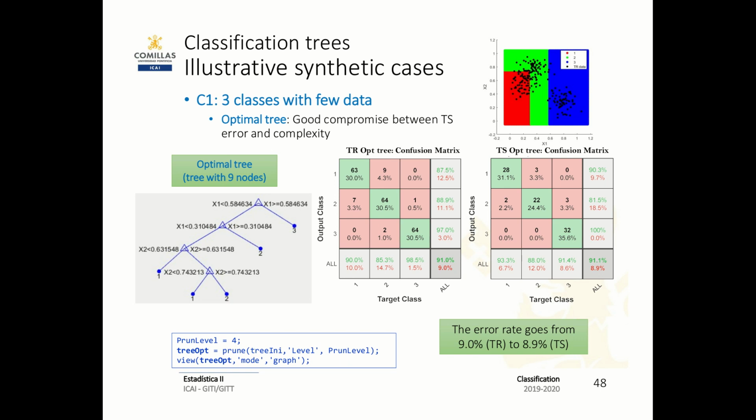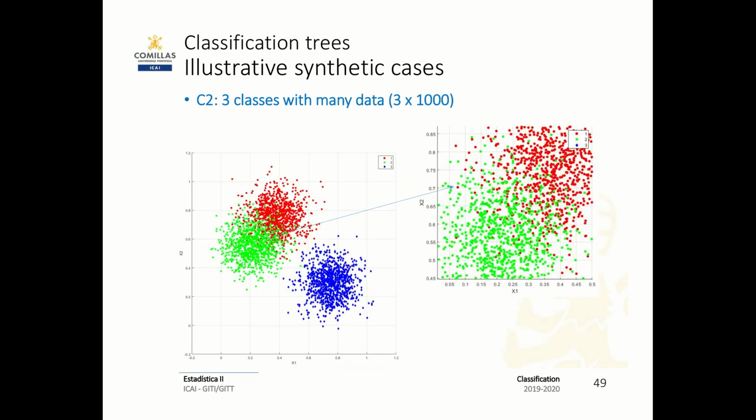Okay, so now let's take the same example but with much more data, and we see that this area is very difficult to classify because we have very intermixed data points.